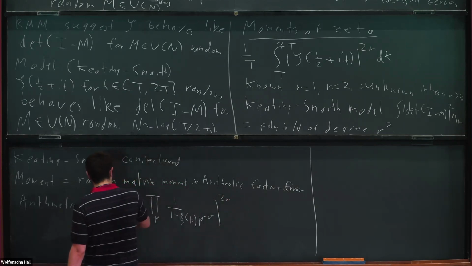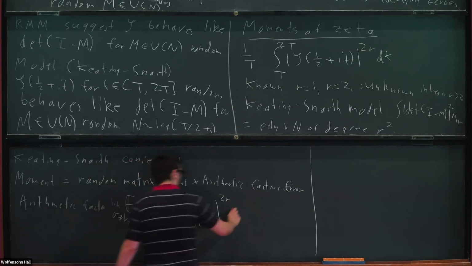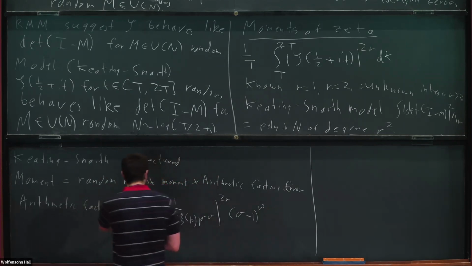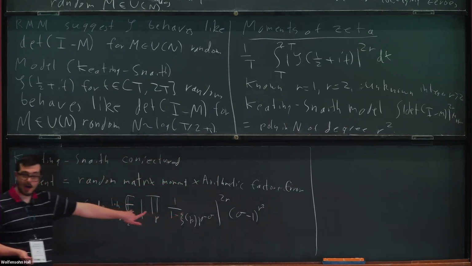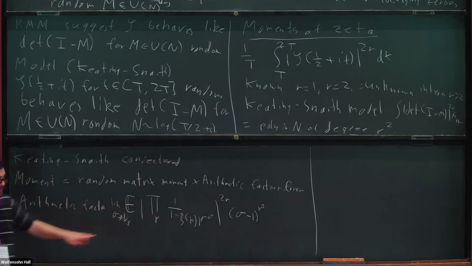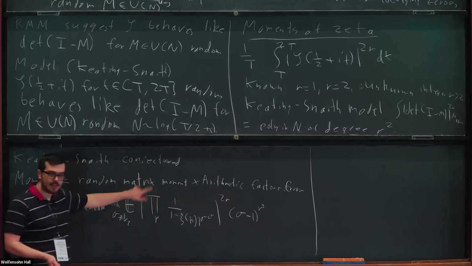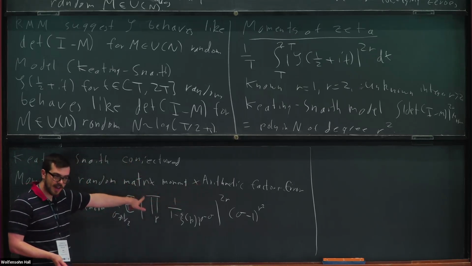You take the limit as sigma goes to 1/2, which doesn't exist. But if you multiply by sigma minus 1/2 to the r squared, it exists. So it's a regularized moment of the random Euler product model. And so this arithmetic factor was already identified. The other factor to calculate the moment was missing.